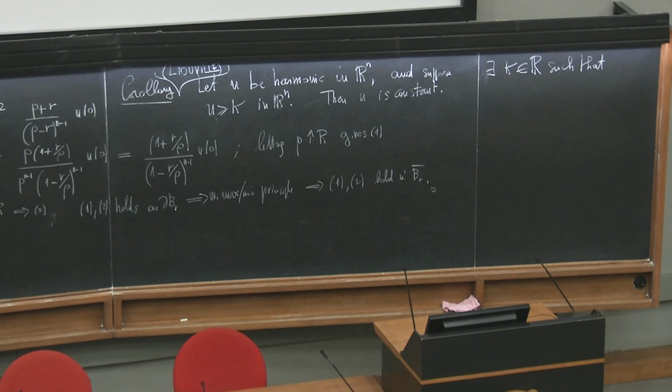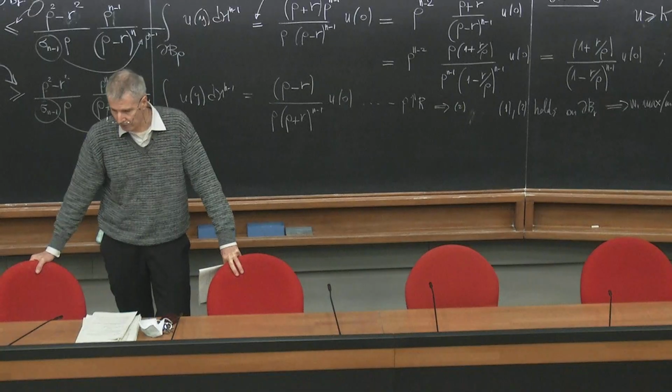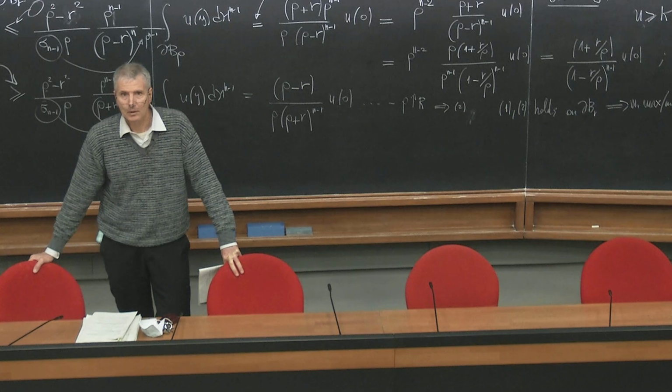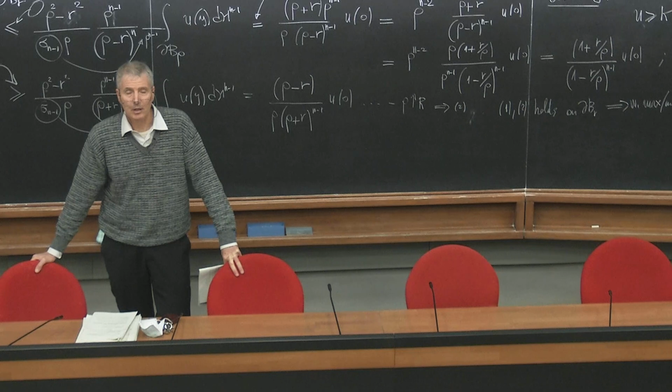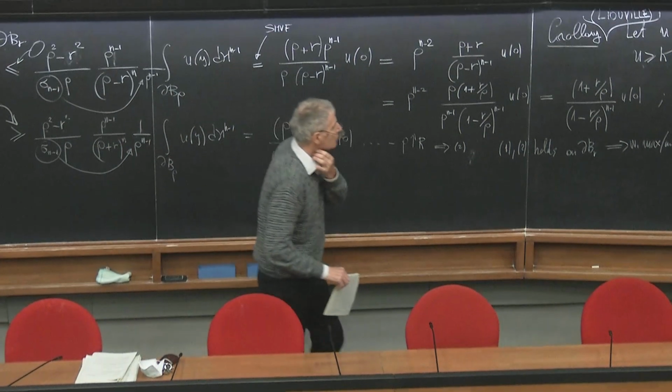It was a consequence of the gradient estimate. u was supposed to be bounded, no? Why was it bounded?